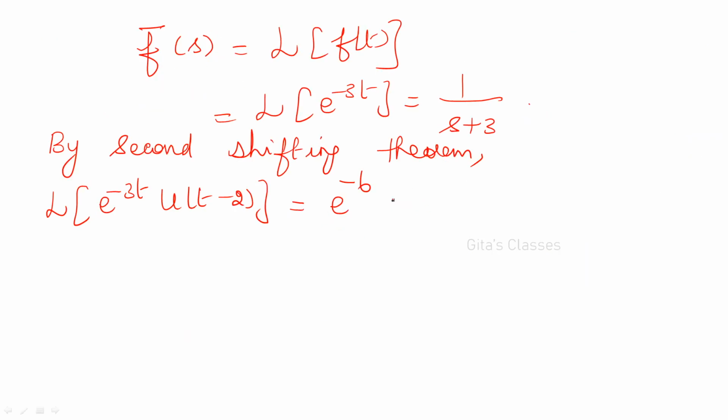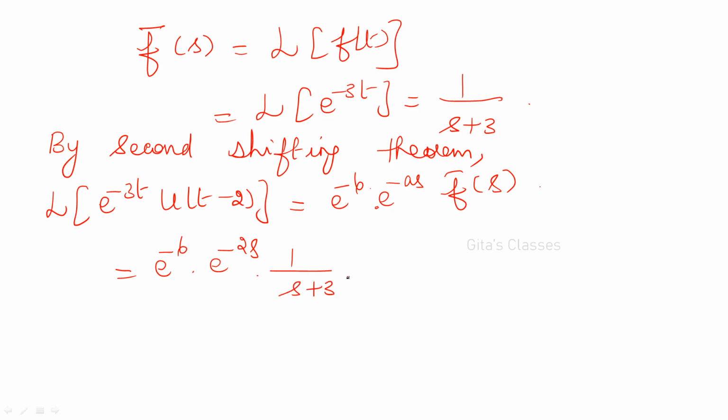So e power minus 6 into e power minus as. Actually, first you write this value, e power minus 6 into e power minus as into f bar of s. Okay, by using second shifting theorem. So e power minus 6 into e power minus 2s into f bar of s, which is 1 by s plus 3.